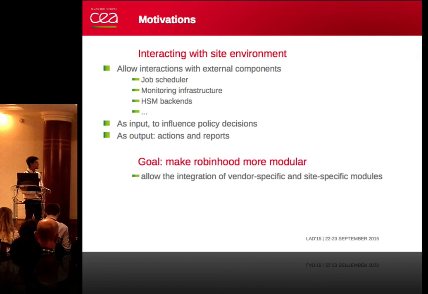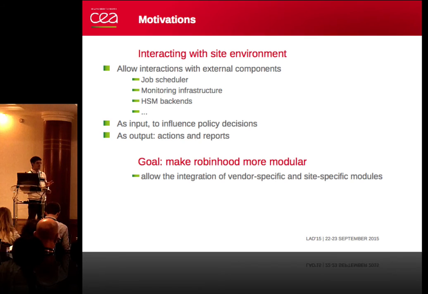Another interesting interaction would be with the HSM backend itself. For example, it would be nice not triggering many archive requests when the system is already busy reading back files from tapes.